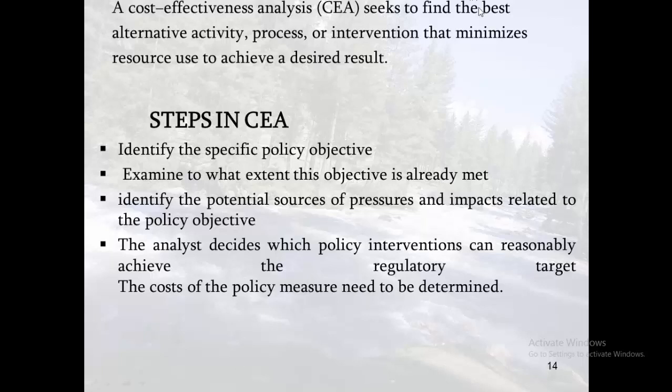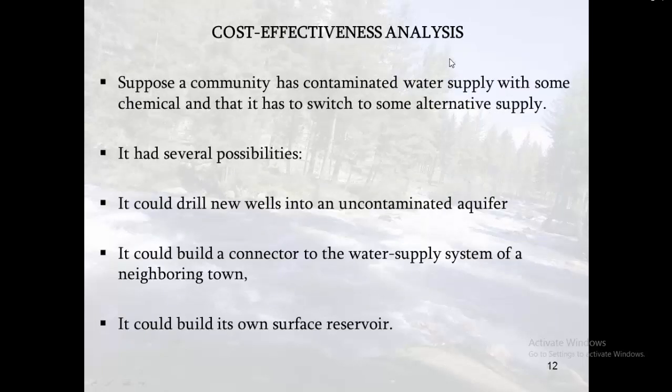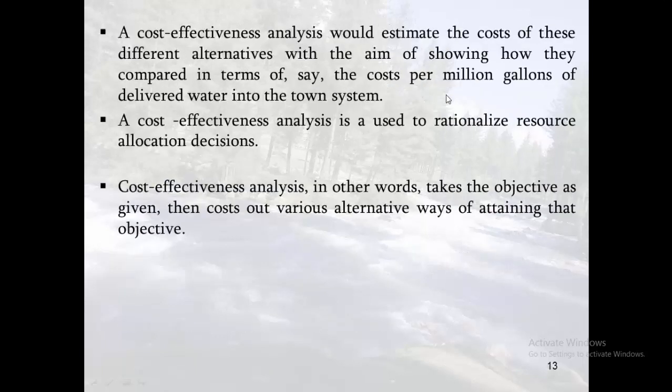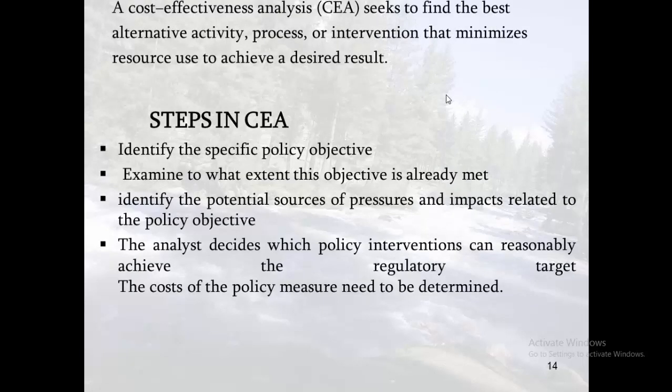As we discussed in the previous slide, in order to get rid of contaminated water, that community is searching for safe water, which is an alternative to this contaminated water supply. Definitely it has different choices. What it does is find the best alternative out of these three or more activities or processes, and tries to minimize the resource use, minimize the cost and maximize the output.